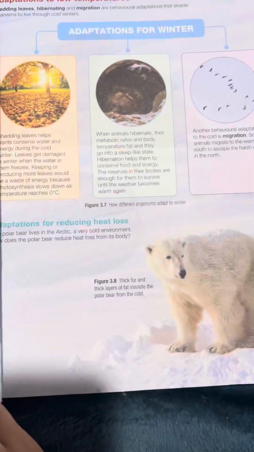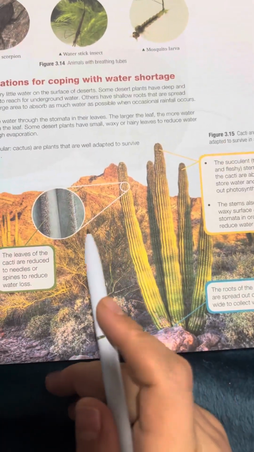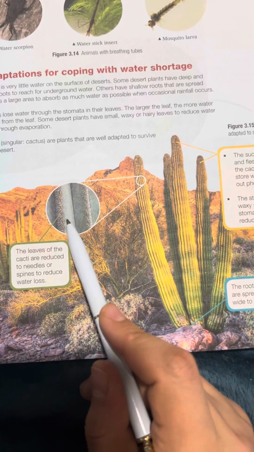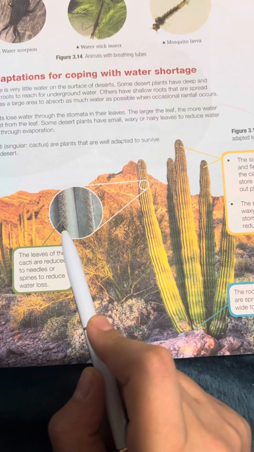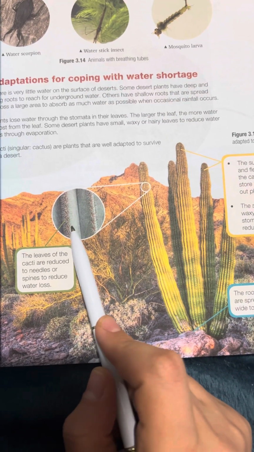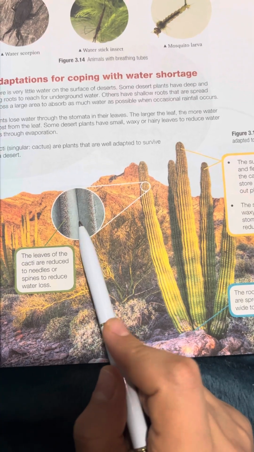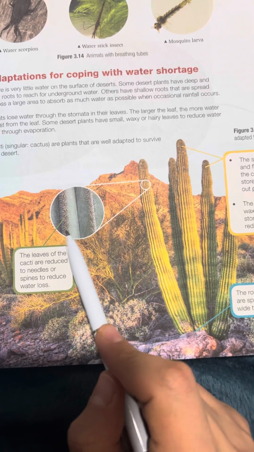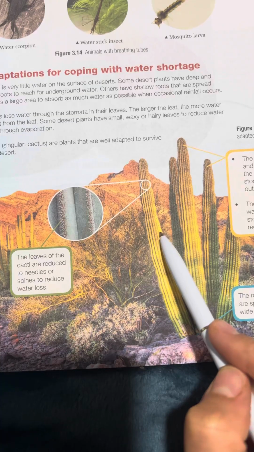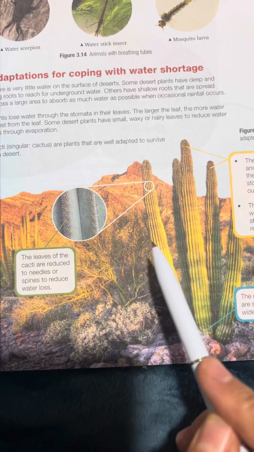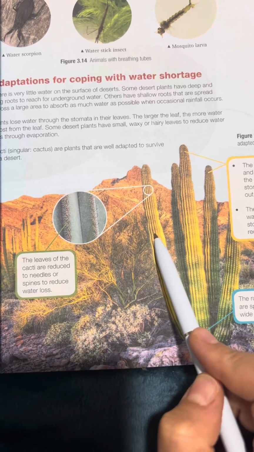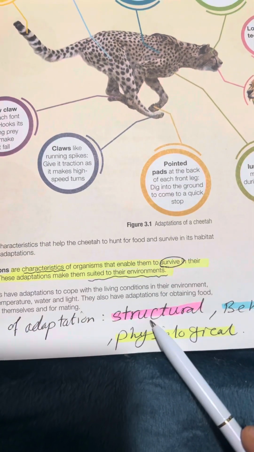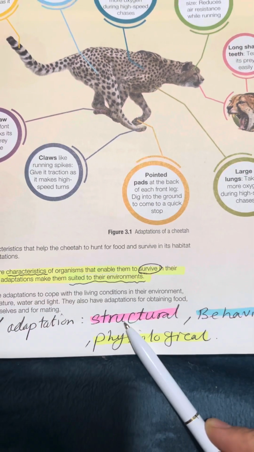It could be also in the plants, like the cacti here, having needles or spines to conserve water or to reduce water loss. As spines or needles are part of the body of the organism, it's called a structural adaptation. Structural means part of the body that helps the organism survive.